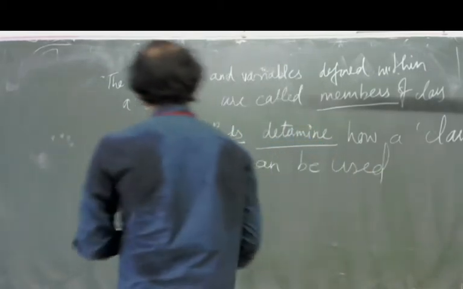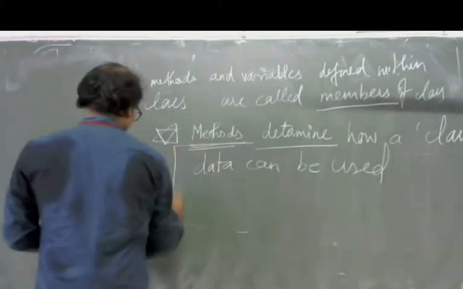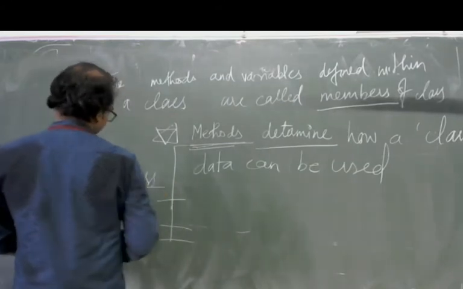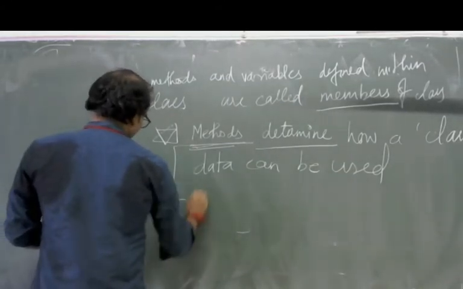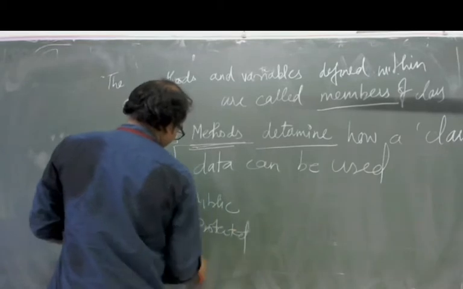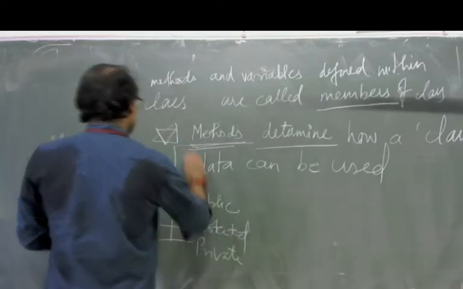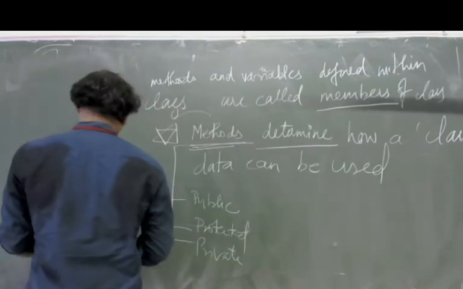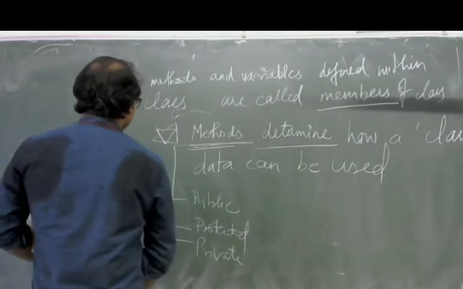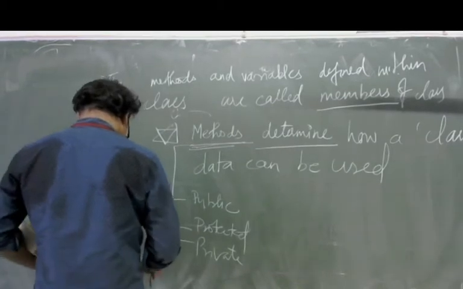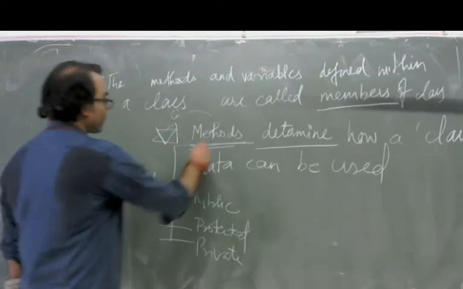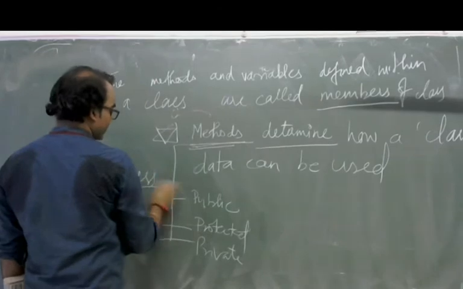Very important point, this is the job of a method, because we have access modifiers like public, protected, private, which are defined before this method when the class is defined.